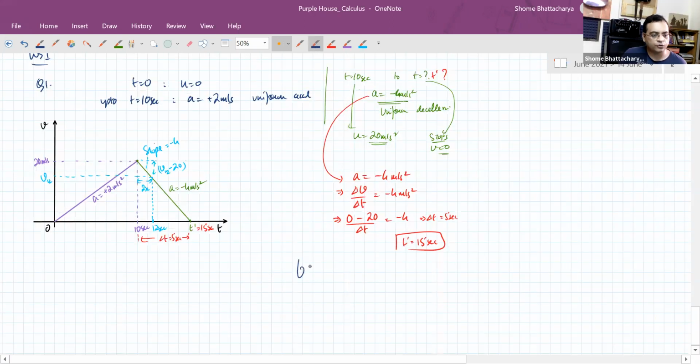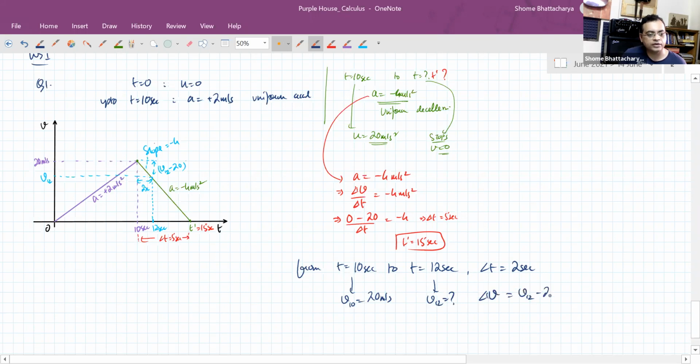I can see that from t equal to 10 seconds to t equal to 12 seconds, my delta t is 2 seconds. Now velocity at 10 was 20 meters per second. Velocity at 12, I don't know. So delta v is final velocity minus 20.